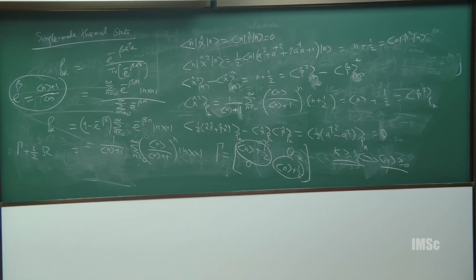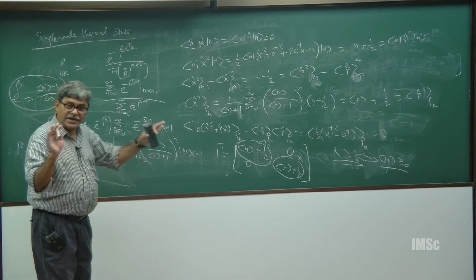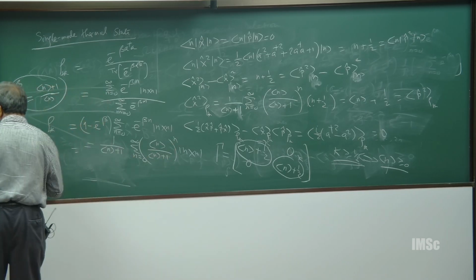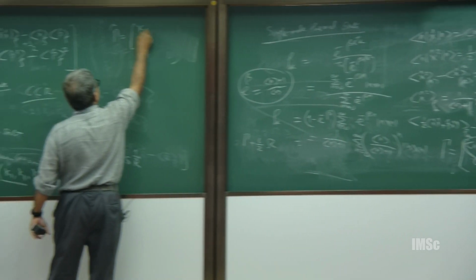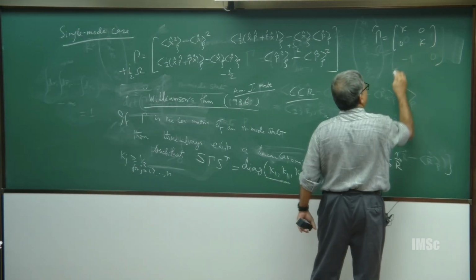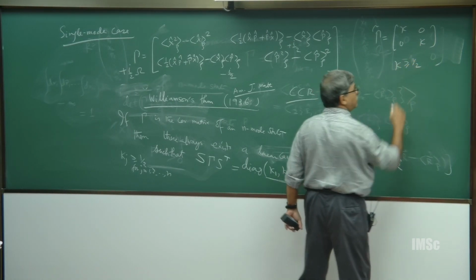Clear? For the thermal state, you don't need any canonical transformation. Practically, this is the identity. Yes. So now if I pose the reverse question, let us say somebody has given me gamma tilde equal to kappa 0 0 kappa, where kappa is greater than or equal to half.